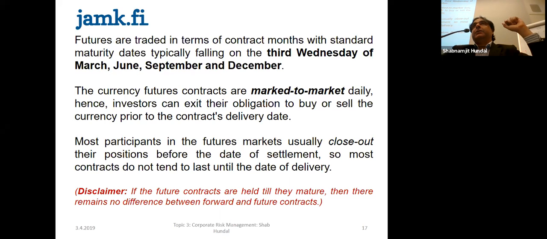Exactly. So these are highly regulated markets. Believe me, even though these are markets, they're not free markets. Otherwise, these rich hedge funds can create havoc in the market. How? One day in the morning, they would buy lots of dollars in Helsinki.